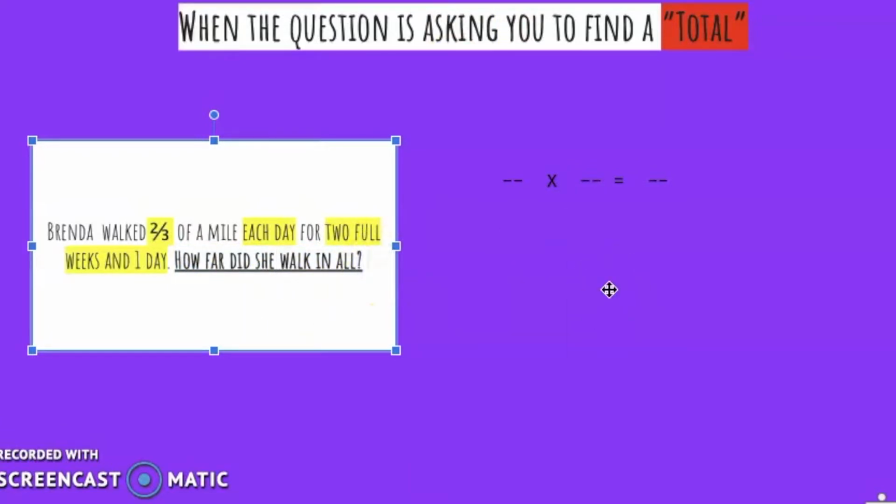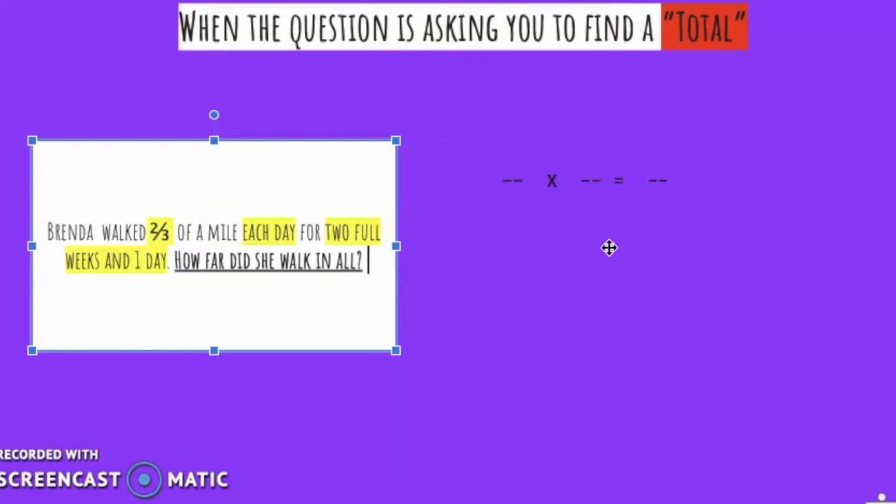Well, if each day she walked 2/3 of a mile for one day, then she walked 2/3 of a mile for another day, 2/3 of a mile for the third day, and 2/3 of a mile for the fourth day. And we can continue on until we complete the 2 full weeks, which we know that 1 week has 7 days.